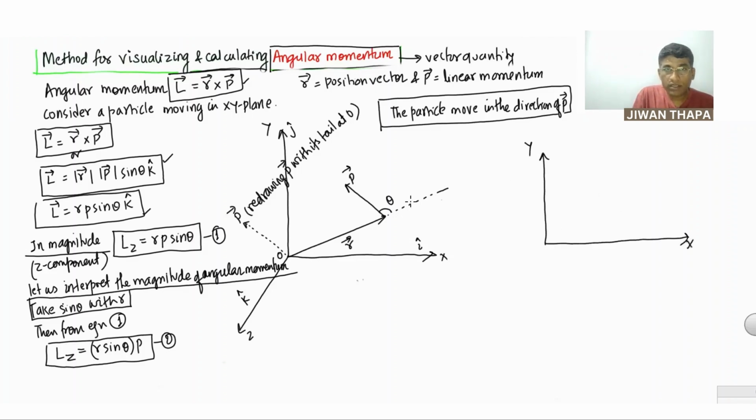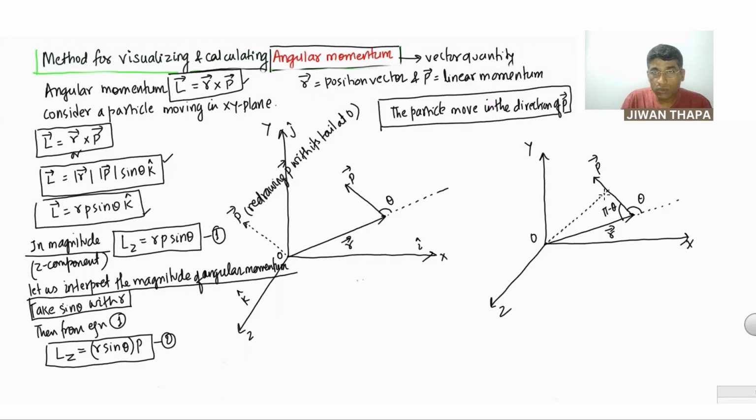Now I'm redrawing this figure once again. So we have position vector r, we have linear momentum, and this angle is theta. This angle is pi minus theta, or 180 degree minus theta. Now let us drop a perpendicular from the origin to the line of motion.